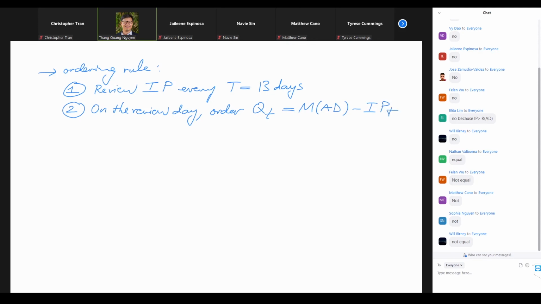In this particular case, if we look at the numbers, we would order QT equals the maximum level, which is 74, minus the remaining stock on that particular day, right? So that's a general rule. So it means that we wait for the fixed interval of time of 13 days. And then on that day, we will need to make the order of 74 minus whatever we have left over in our store.